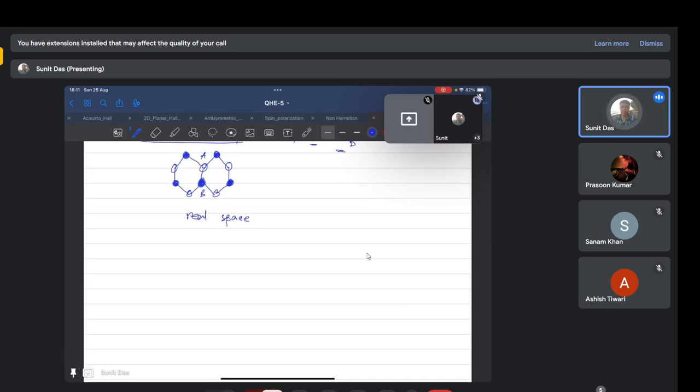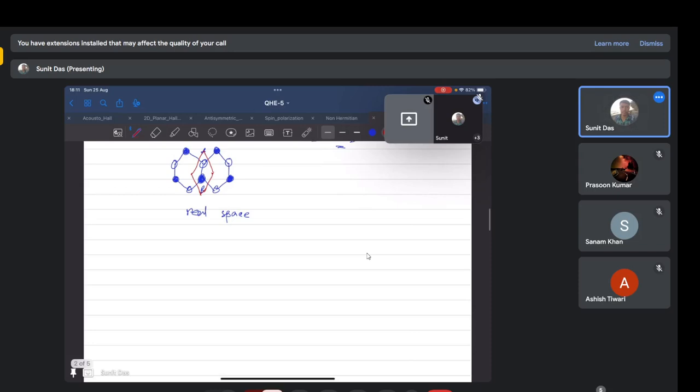Let's say this is A type and this is B type, and they are alternately arranged. And then the unit cell is also a rhombus type, or sometimes we also call it a triangle. Both are valid descriptions, because as long as the unit cell contains this A type and B type atoms.